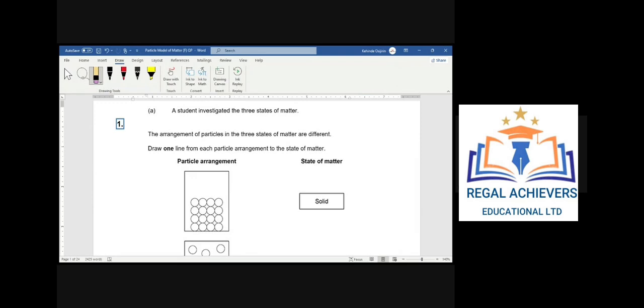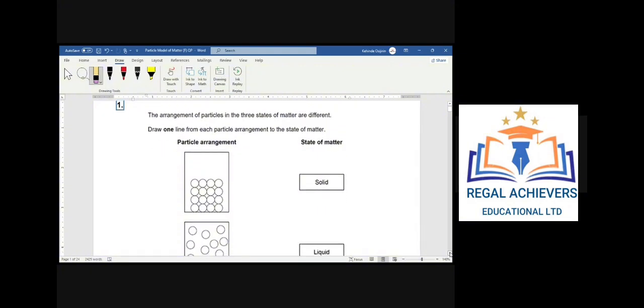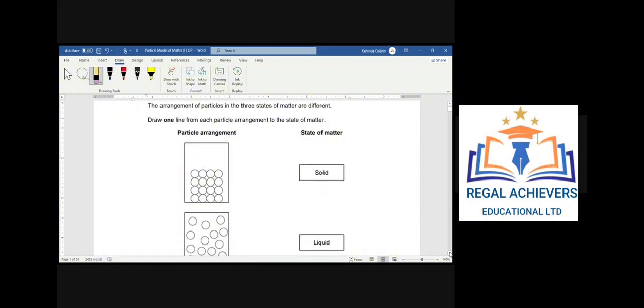The arrangement of particles in these three states of matter is different. We are to draw one line from each particle arrangement to the state of matter.